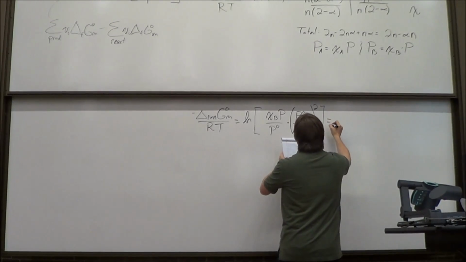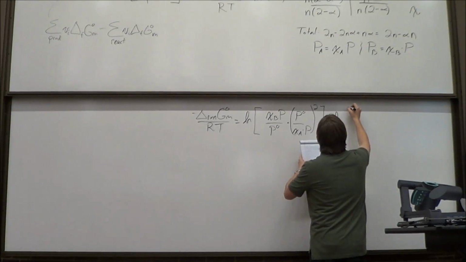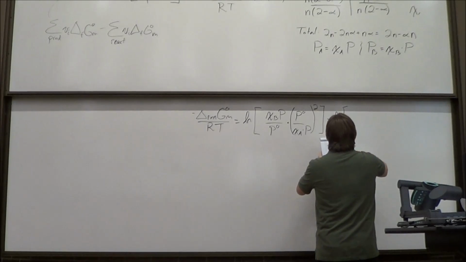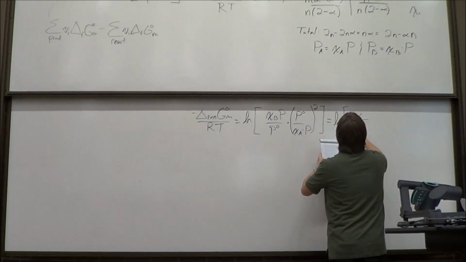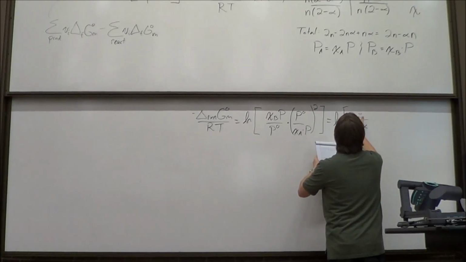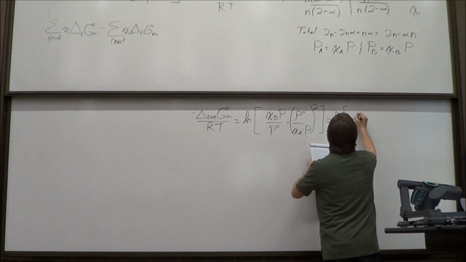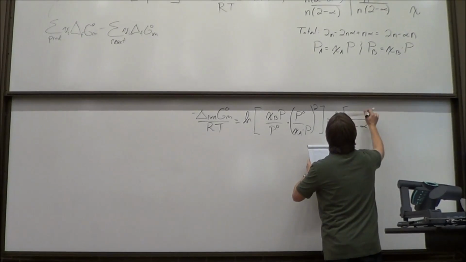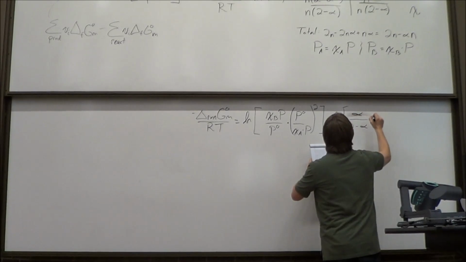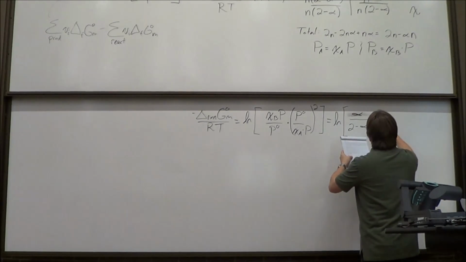Now I insert the above alphas, and so I've got alpha over 2 minus alpha. Sorry, I want to exaggerate that again because that's too much. Okay, I think that's reasonable.